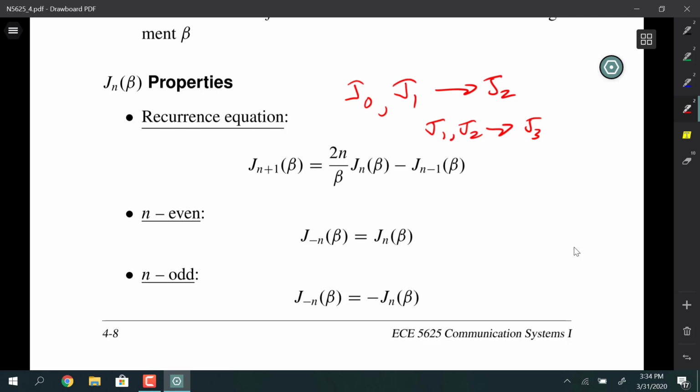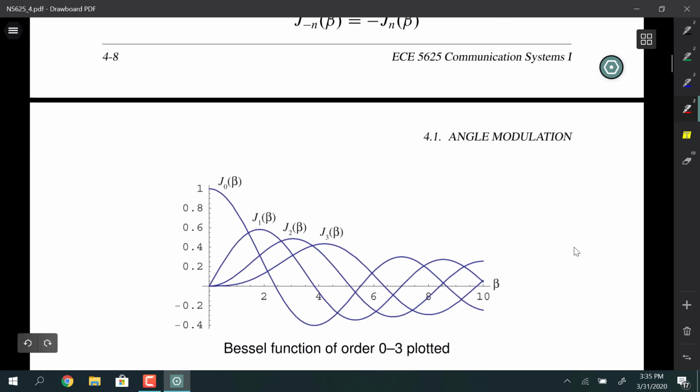If you are looking at even orders, so it can be J of 1 or J of minus 1, the function is even if n is even. So J of minus n of beta is the same as J n of beta, and if n is odd, then there's a minus sign in there.